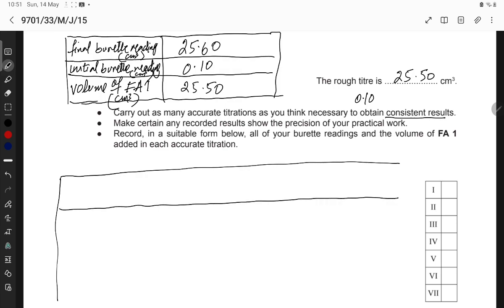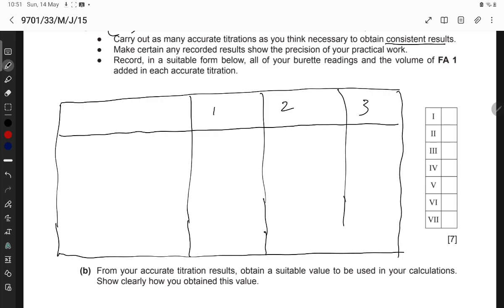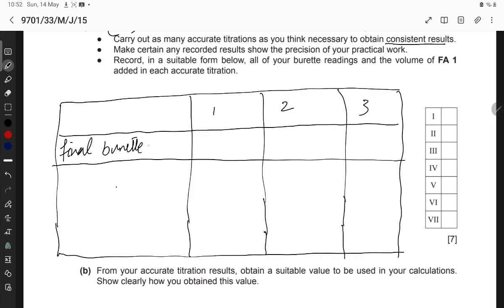Draw it very neat. The table should be very neat. Reading 1, reading 2 and reading 3. This is the final burette volume, centimeter cube.